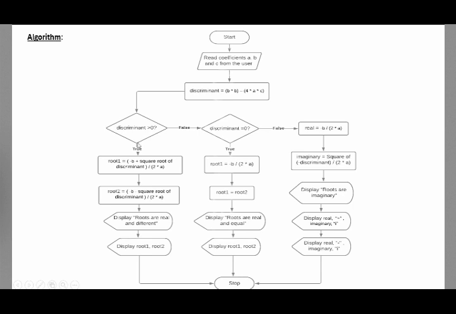If that is true, we follow this. If it's false, then we check if the determinant is the same as 0. So that's the control flow, the same thing I was explaining before.